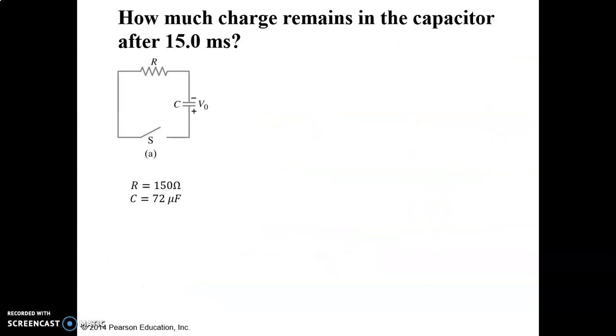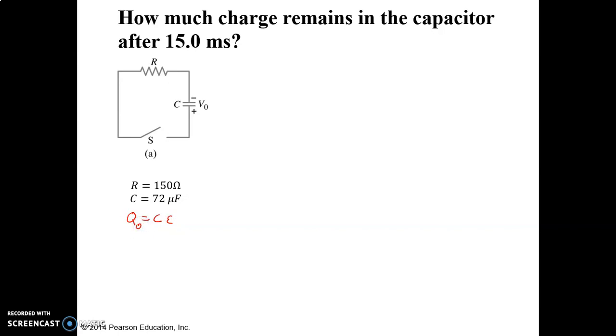All right, next question. We're moving to a discharging RC circuit. We've removed the EMF. We want to know how much charge remains in the capacitor after 15 milliseconds. Well, we need to know how much charge is in there. Remember that Q equals CV.